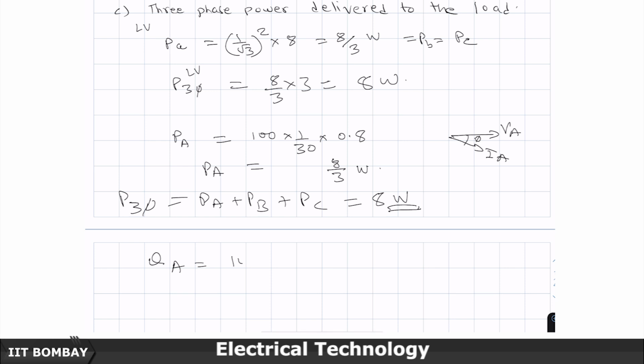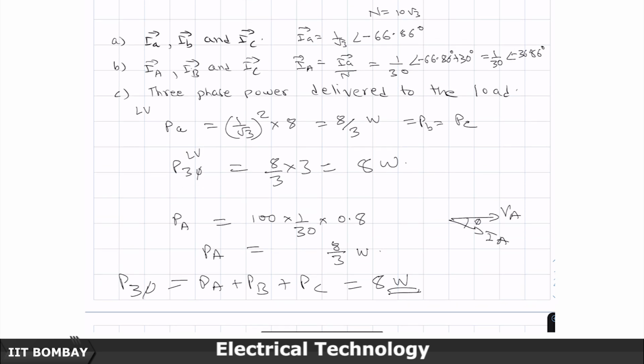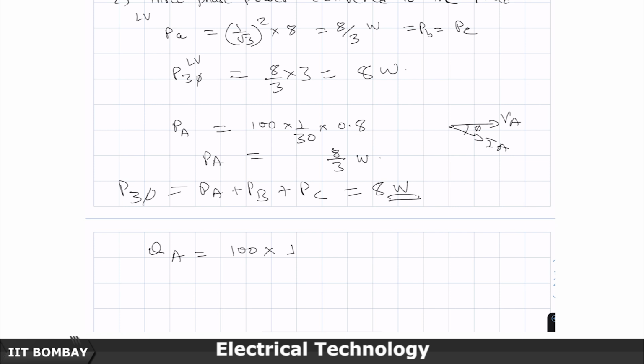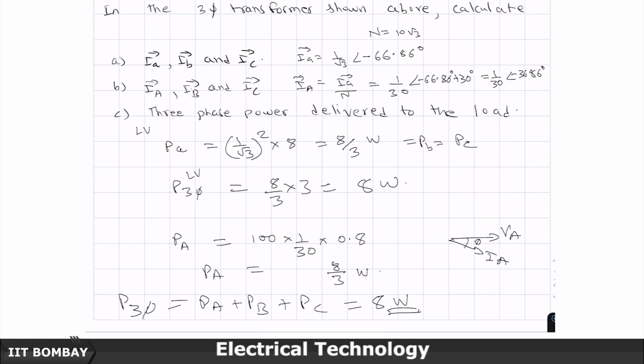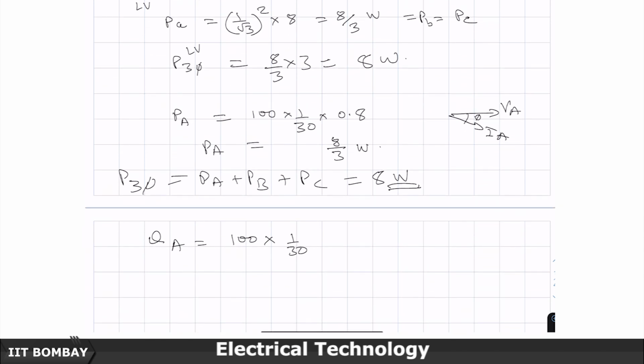Similarly, you can see that QA will be equal to 100 into the current IA, which is 1 by root 3, into sine of phi, which is 0.6. So sine of phi is 0.6.